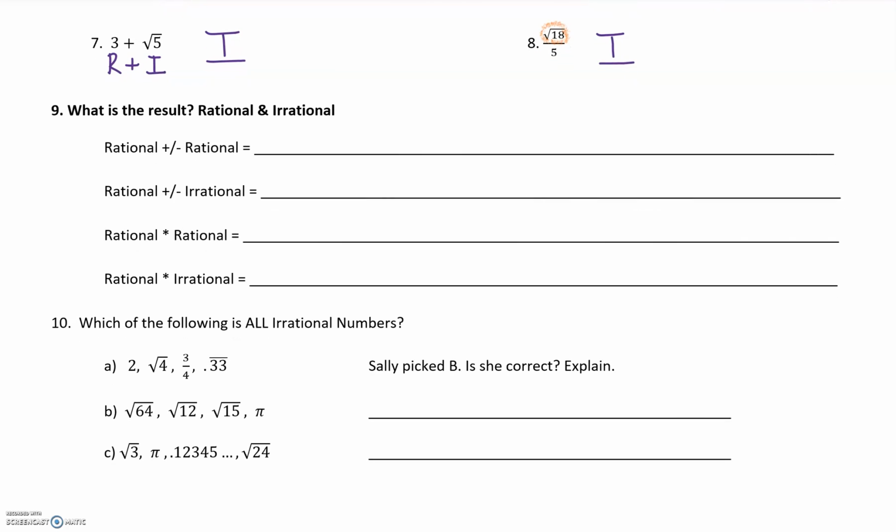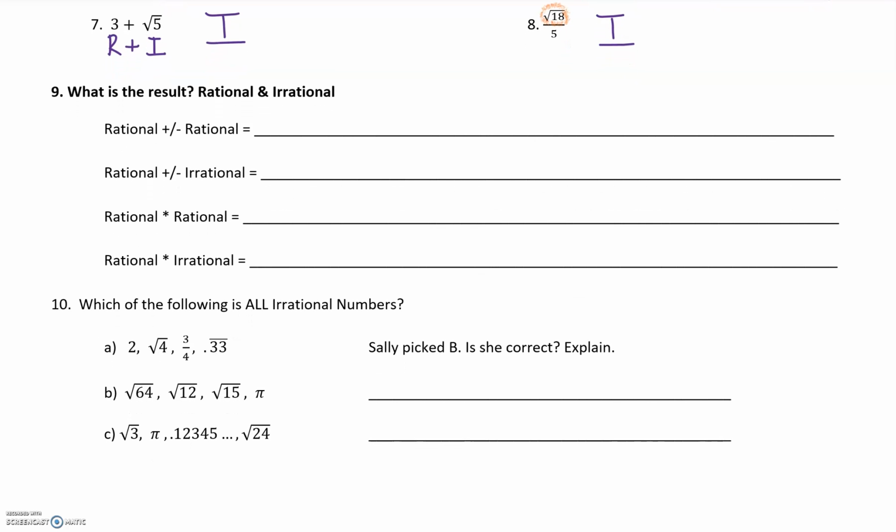This next part right here, there's 4 of them. There's actually 2 more that we're going to add. I want to know, what is the result? Is the result to this problem going to be a rational number or an irrational number? Okay. So the first one says if we have a rational number plus or minus another rational number, that means we're always going to get another rational number.